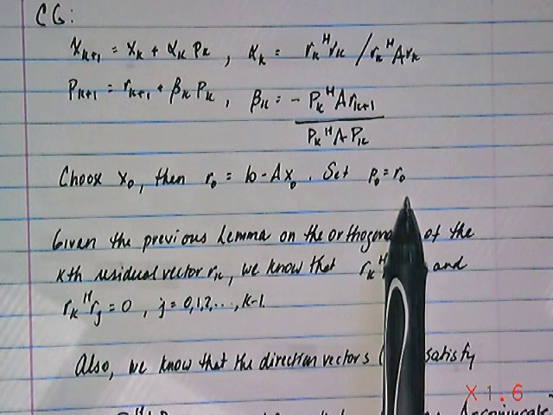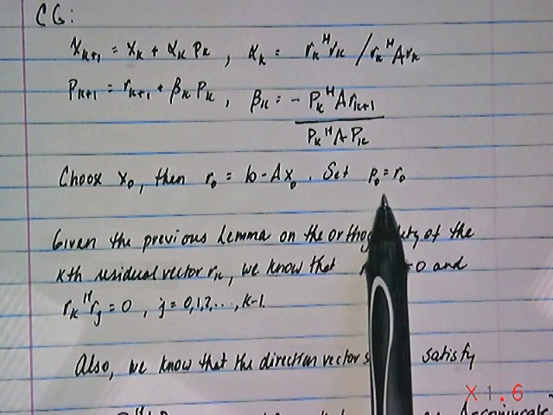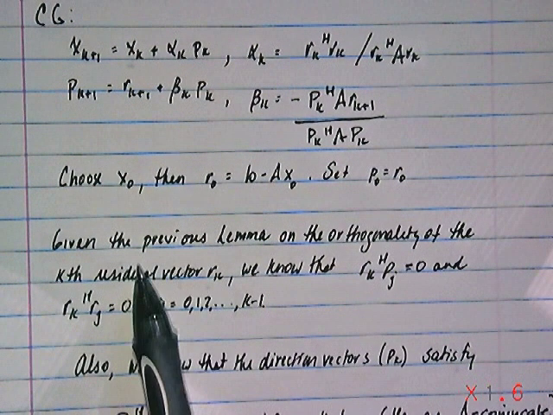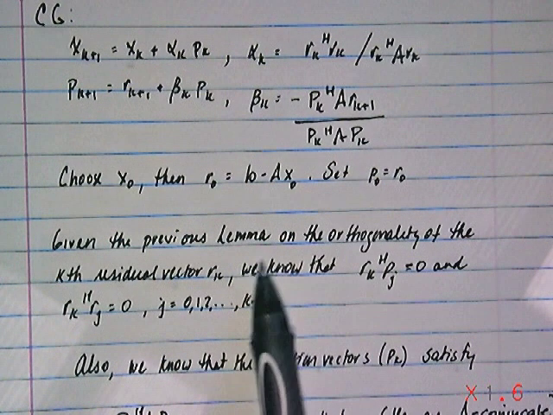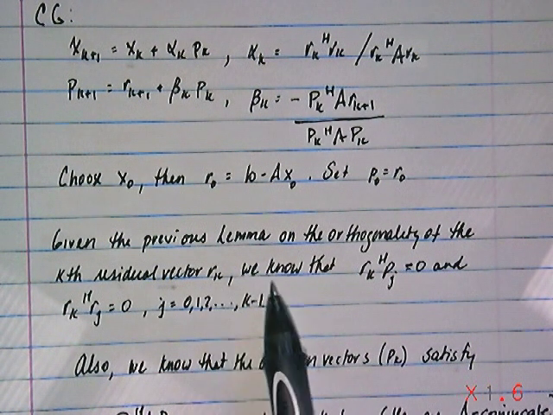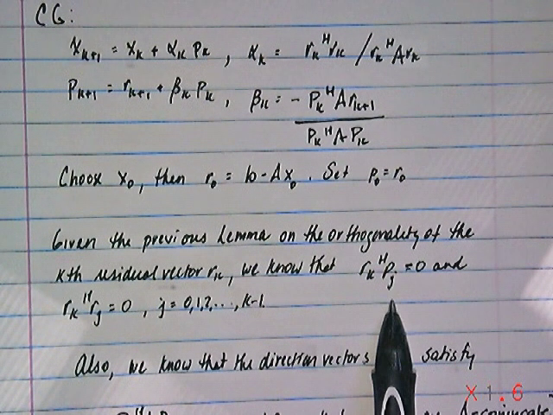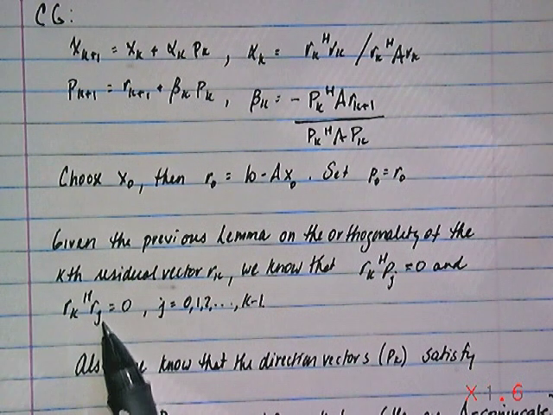And again, that r_0, that initial residual, will help generate the Krylov subspace that these directions will be part of. So given the previous lemma on orthogonality in your notes, with regard to the kth residual vector r_k, we know that all of those residual vectors are orthogonal to the direction vectors, as well as mutually orthogonal to themselves.